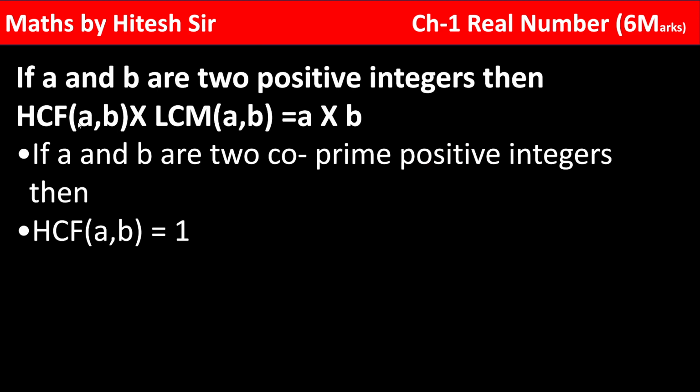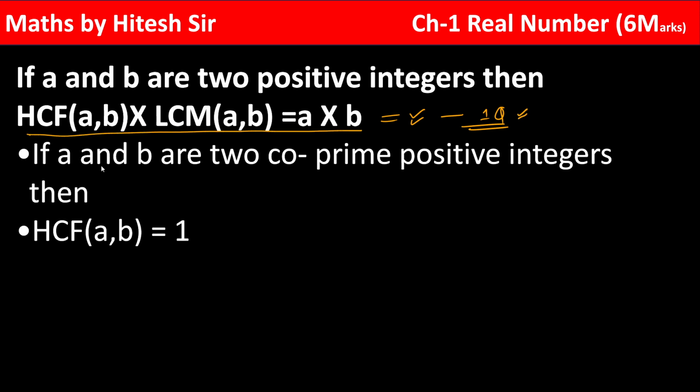Here is a theorem written there. The HCF of any two numbers multiplied by the LCM of the two numbers is always equal to the product of the two numbers. So keep it in mind, very important. One question is fixed in your examination by this formula only.